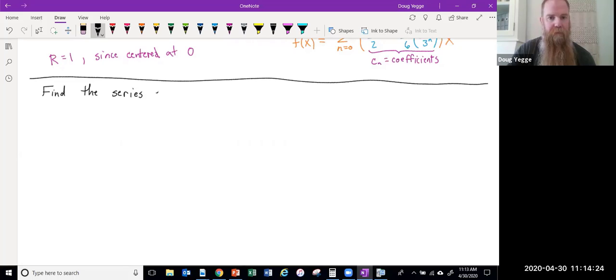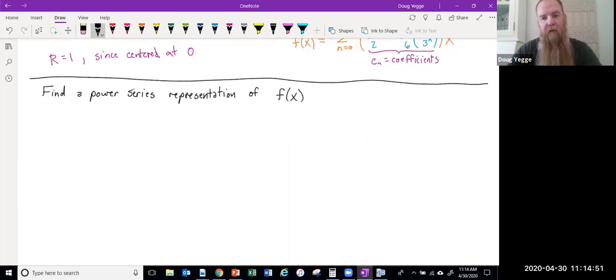Find the series expansion, or I guess we could say find a power series representation of f of x equals 1 over 1 minus x squared.